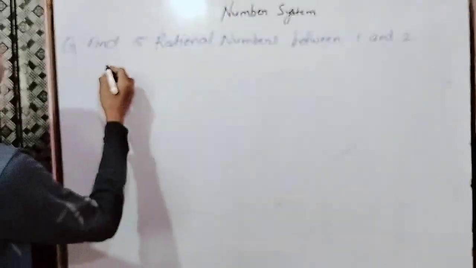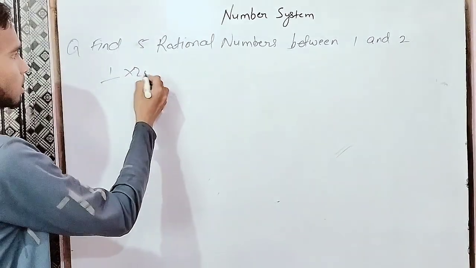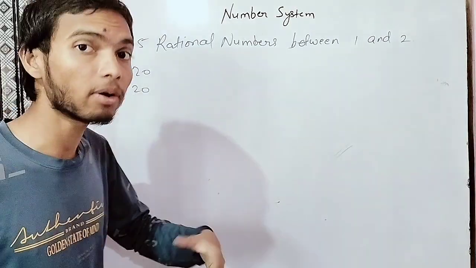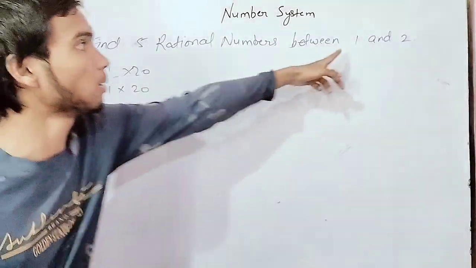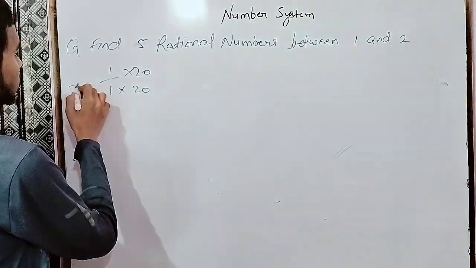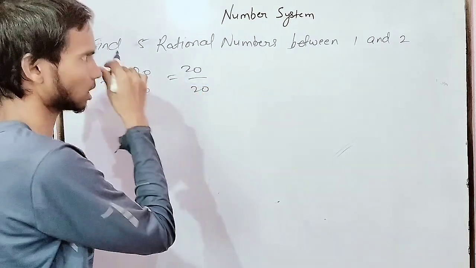So we have this. How much? 5. We can multiply this by 20. You can multiply the given number with any number. Okay, this will become 20 upon 20, isn't it?